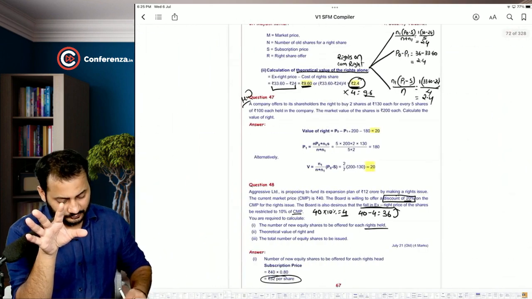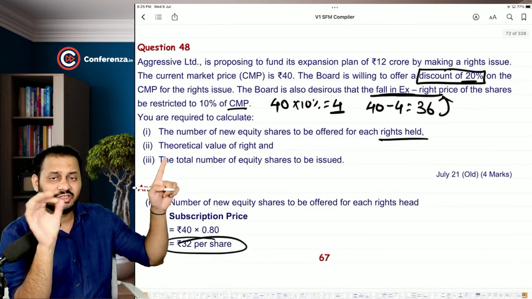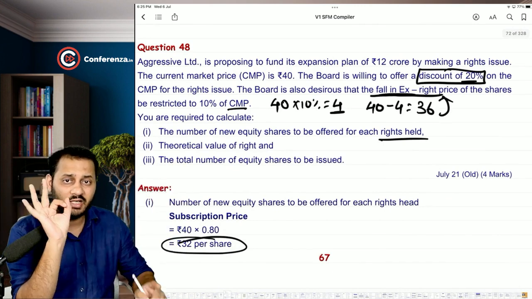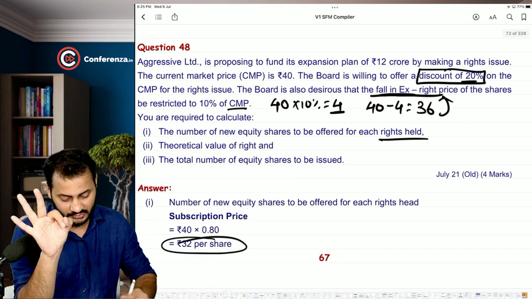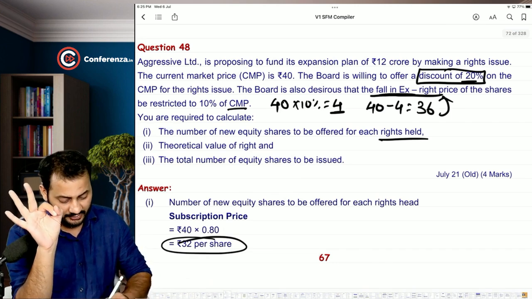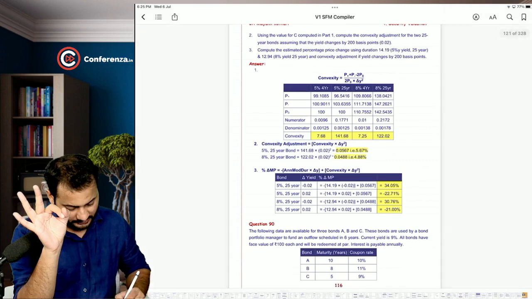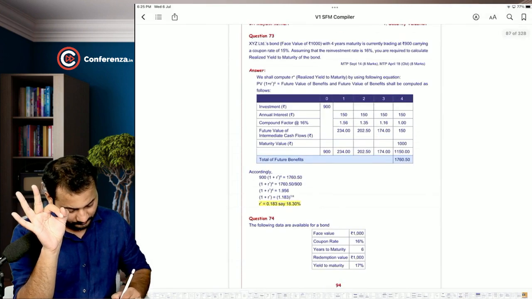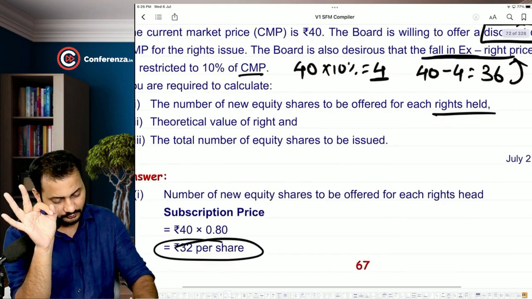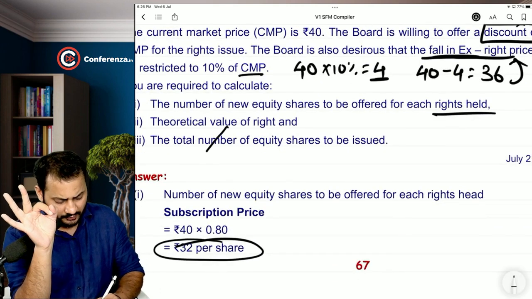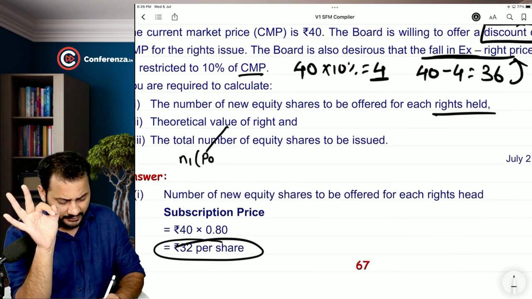The second thing they are asking is the theoretical value of the right, and we have three different formulas for it. First formula, very simple: N1 in bracket P0 minus S, divided by N plus N1.